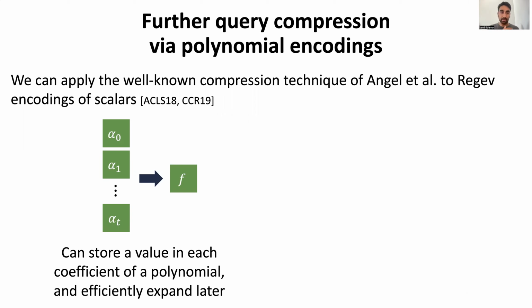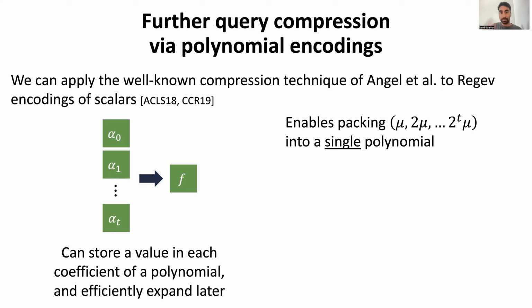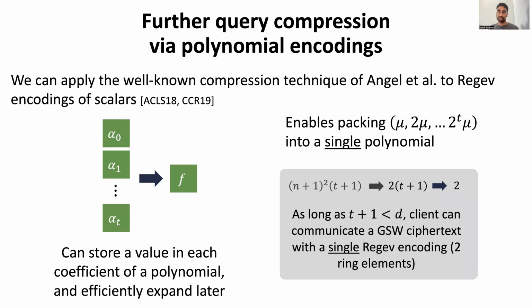It uses automorphisms, and the point is you can use almost like a destructive interference type thing to slowly zero out the other coefficients and just get an encoding of each coefficient separately.